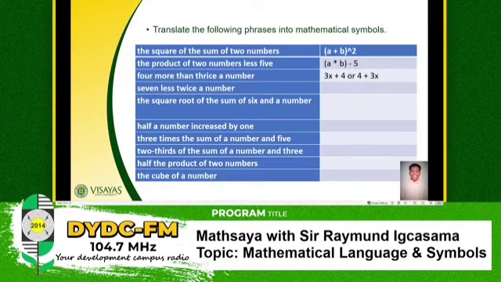So (A plus B) quantity, then you square. The symbol is squared. The product of two numbers less than 5: quantity A times (5 minus 5), because it says less. 4 more than thrice a number: you can have 3x plus 4 or 4 plus 3x.